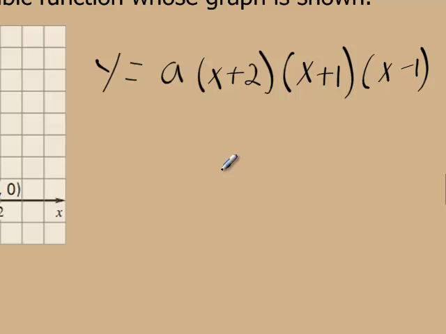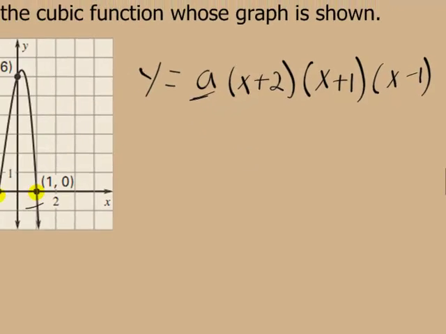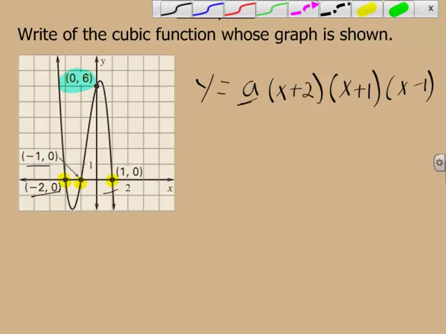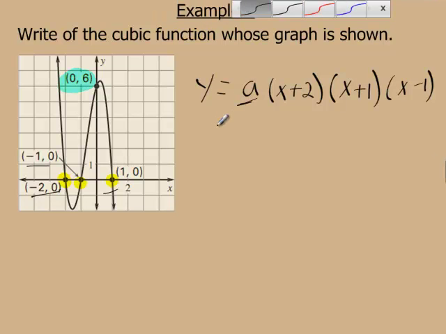Now, all I need here is to figure out what the a value is. And that's when the 0, 6 comes in handy. I'm going to substitute that point in and use that to determine what my a value is. So y is 6, and we're trying to solve for a, and x values are all 0.